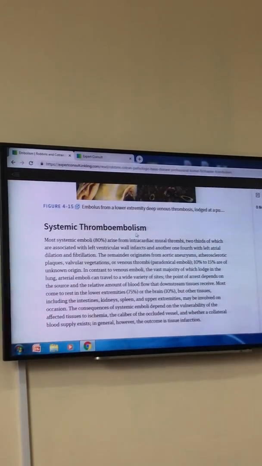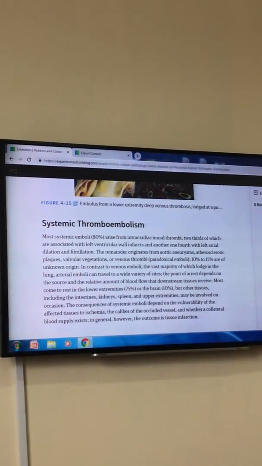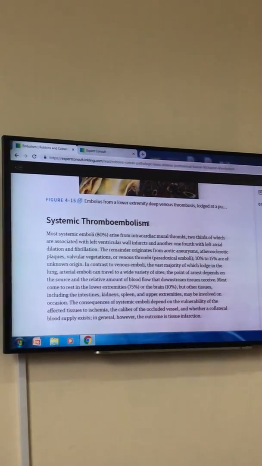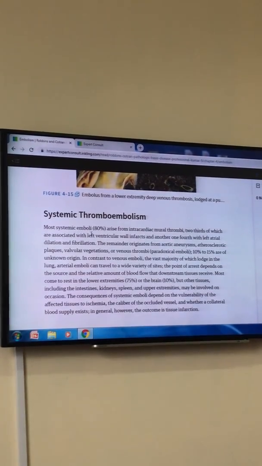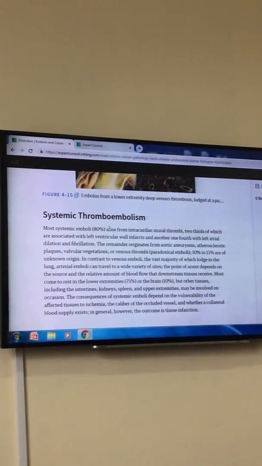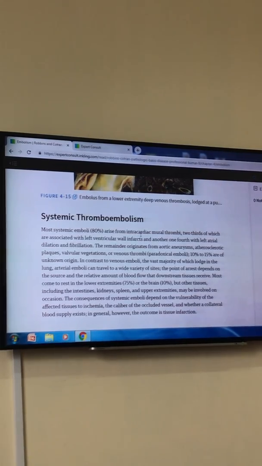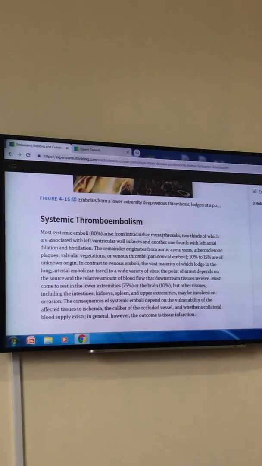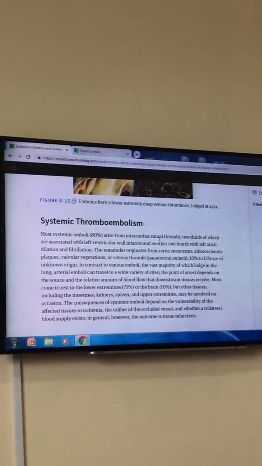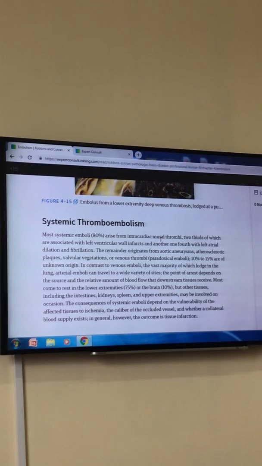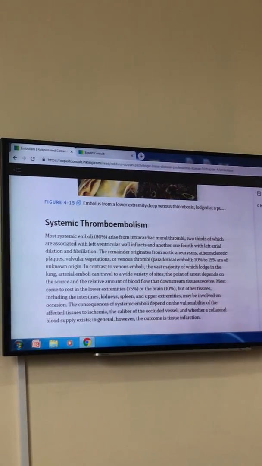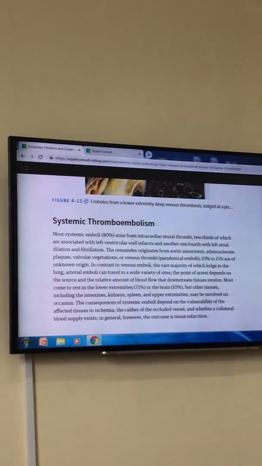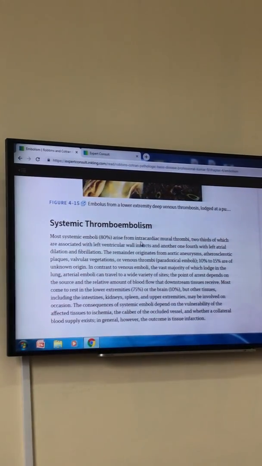Systemic thromboembolism is embolization in systemic circulation. And 80% of these embolizations develop from the heart. The thrombus in the heart, as I told you, is called mural thrombi. So 80% of systemic thromboembolism develops from thrombus in the heart.